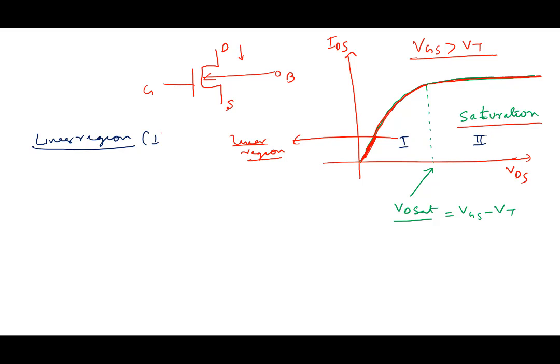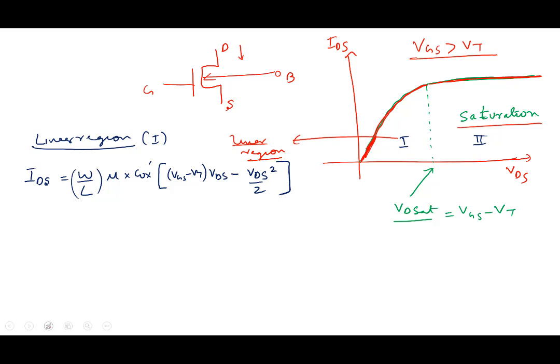In region 1, the current goes as the following: IDS is equal to W by L, mu, mobility, Cox prime, VGS minus VT, VDS minus VDS square by 2. That's how it goes here.